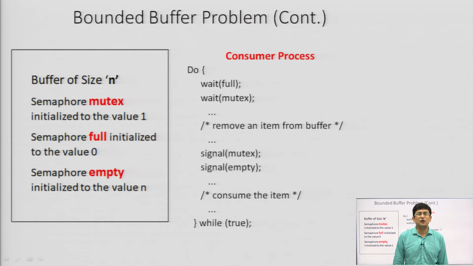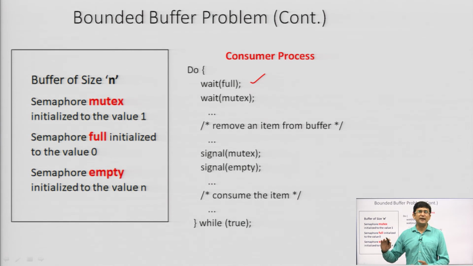If the number of full slots is positive, then an item can be consumed. So, wait full. Wait full means full is a variable, let us decrement it while consuming an item.